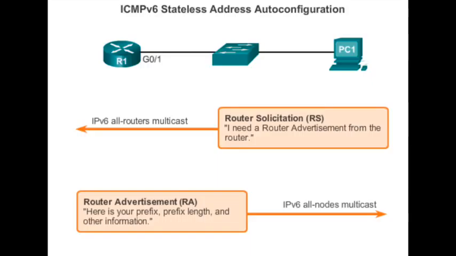To function, the client sends a router solicitation message to the routers by the multicast address, and then when the router receives the message, it responds with a router advertisement message in which it provides addressing information to the clients, and then the clients can configure their own IPv6 addresses.